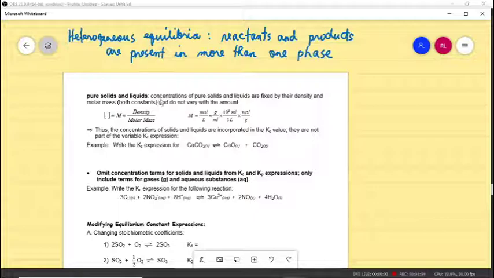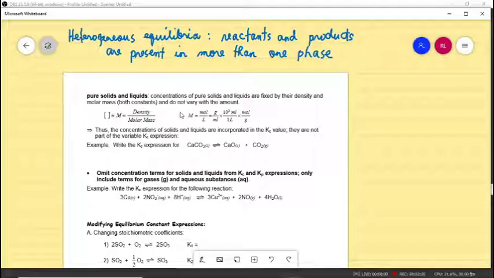For the reason that concentrations of pure solids and liquids are fixed by their density and molar mass and do not vary with the amount, because density is an intrinsic property. It does not vary with the amount, and molar mass is also constant for a certain substance.